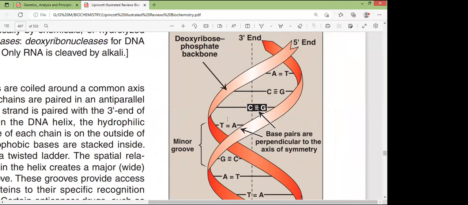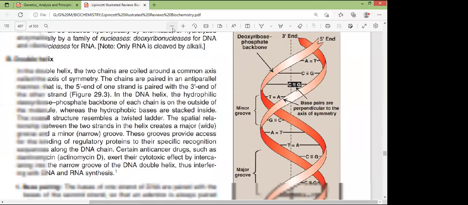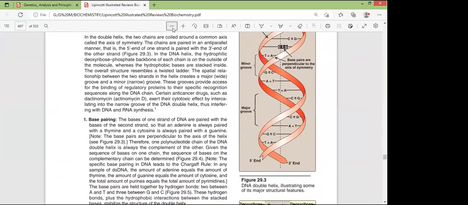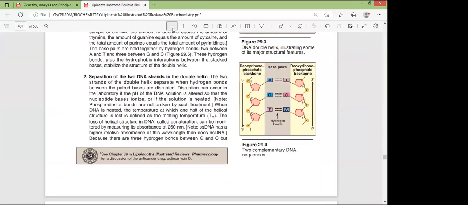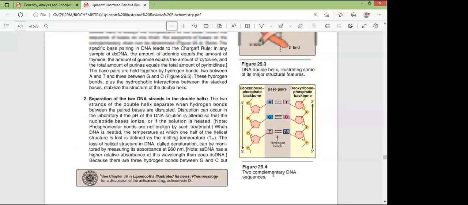So essentially, that CG pairing is stronger than AT. Again, that's a common question. Between C and G or A and T, which one is stronger? It's C and G, because it's linked by those 3 hydrogen bonds, while AT is just 2 hydrogen bonds.